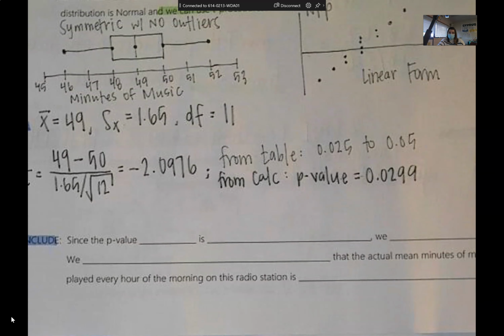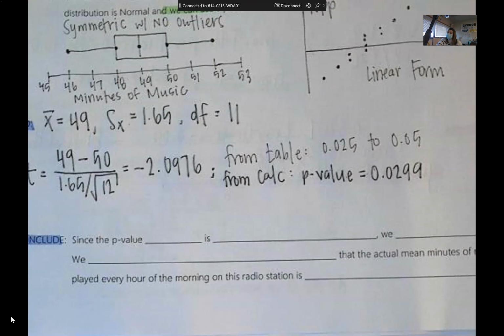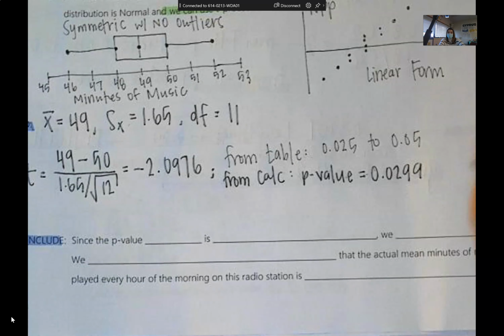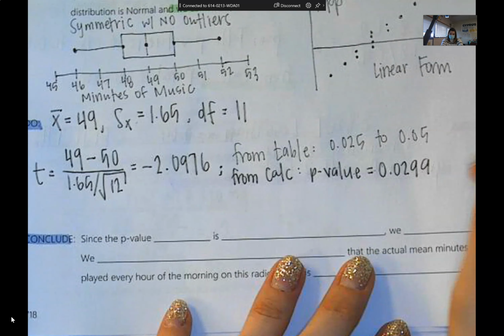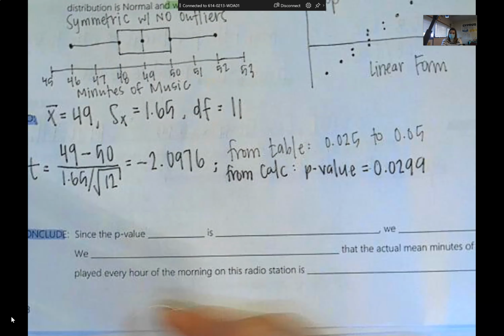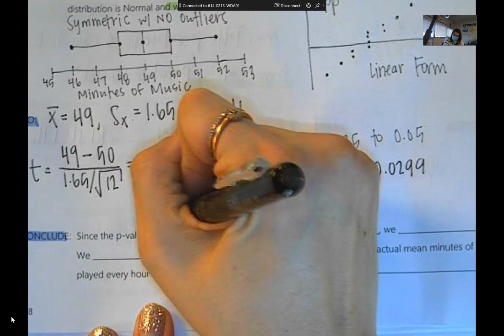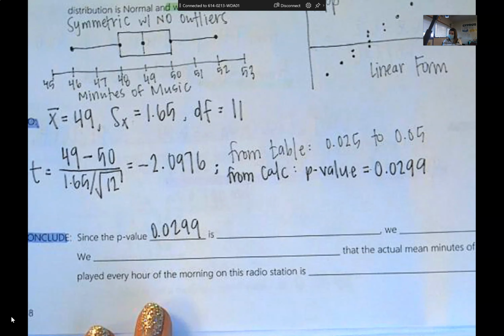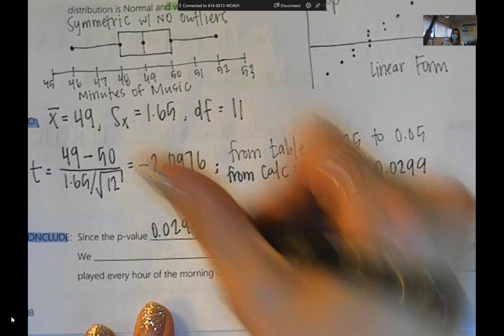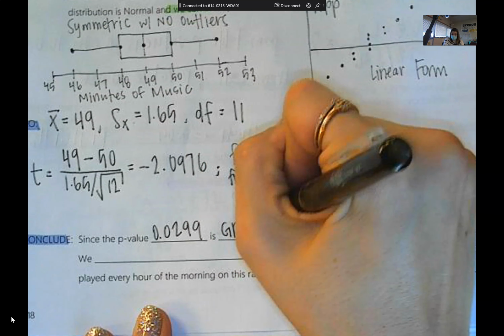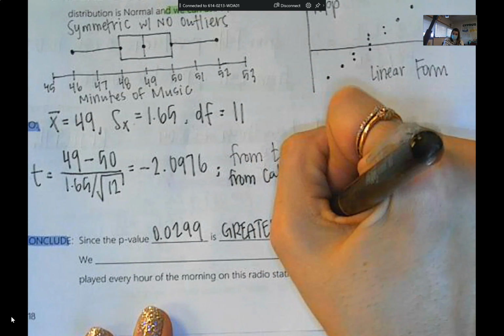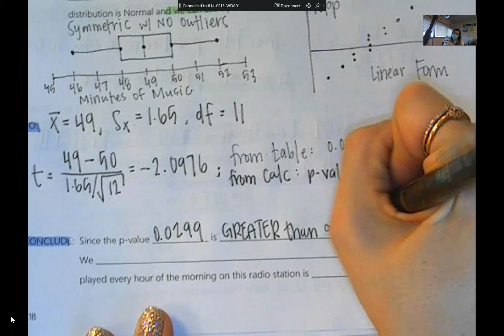So our last step then is to conclude. And I always use my calculator value. So since the p-value, 0.0299, you can round up to 3 also if you'd like, is greater than our very small alpha of 1%.